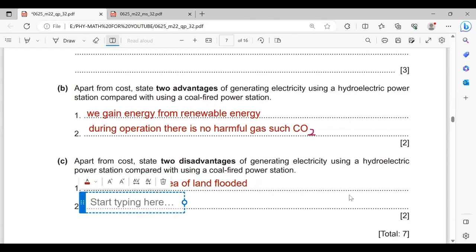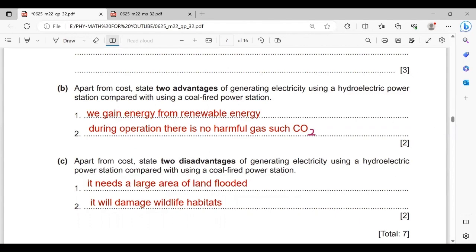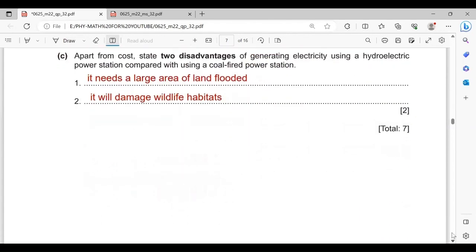Next, it will damage wildlife habitats. Okay.